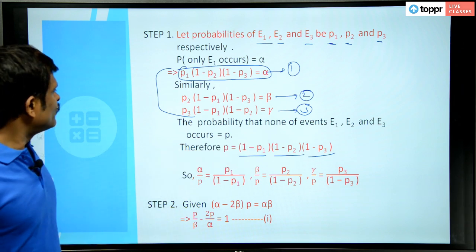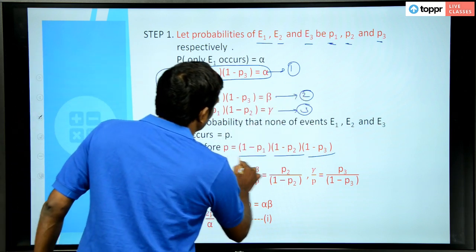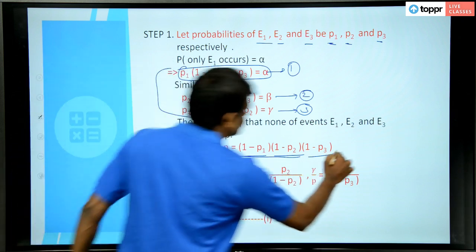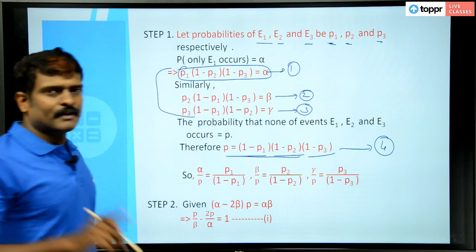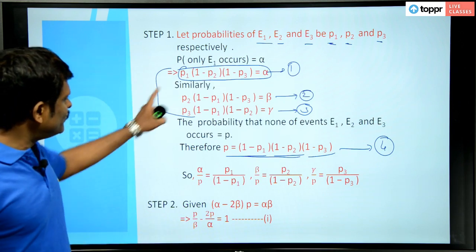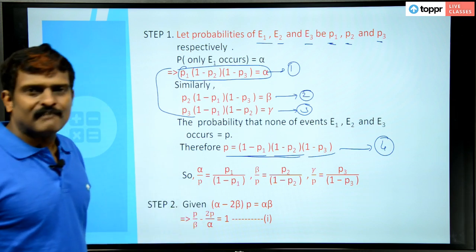Now, what we are trying to do here is divide equation 1 by this equation, say let us name this as 4. Each of the equations 1, 2 and 3 I am dividing by equation 4 and I get these values.